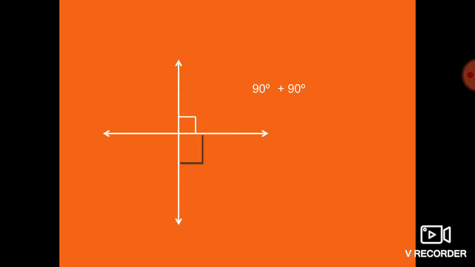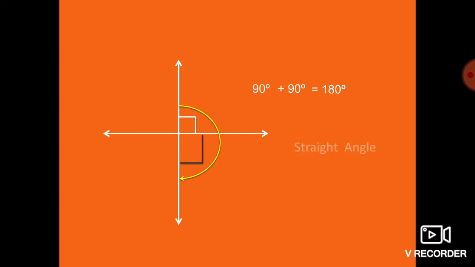So the larger angle is, when we add 90 plus 90, we get 180 degree. 180 degree is the green color marked angle, a bigger angle. That is a straight line. That angle is on the straight line.